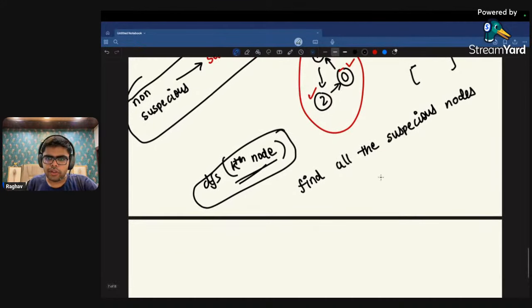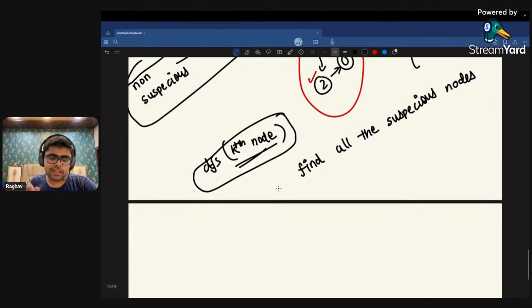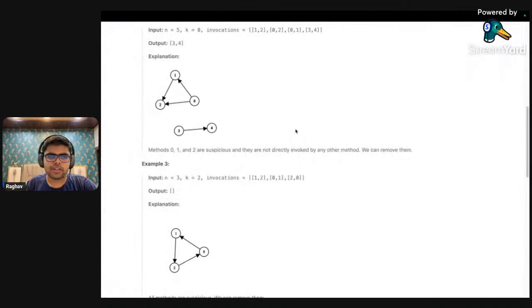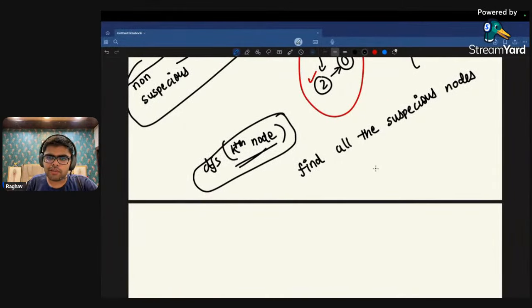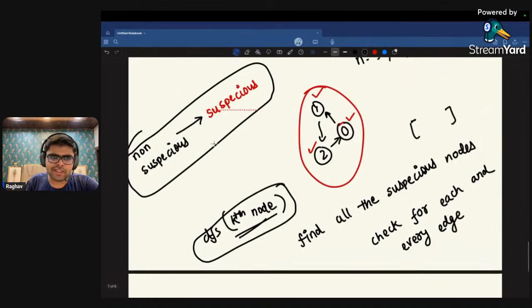After that, we were given this array invocations. This is nothing but the edges. So we can check for each and every edge if there is any such edge or not.